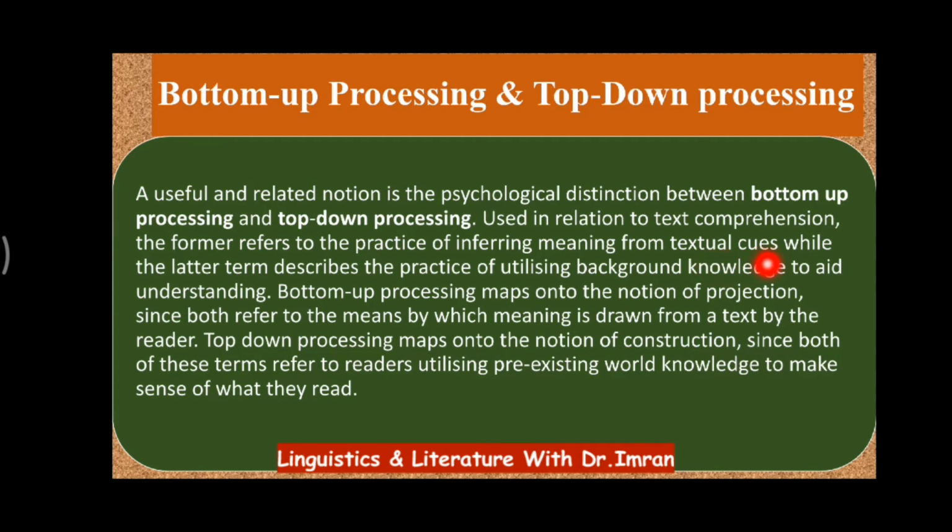So these texts play the role of cues. So when meaning is taken from these textual cues, we call this bottom up processing. While the latter term describes the practice of utilizing background knowledge to lead understanding.